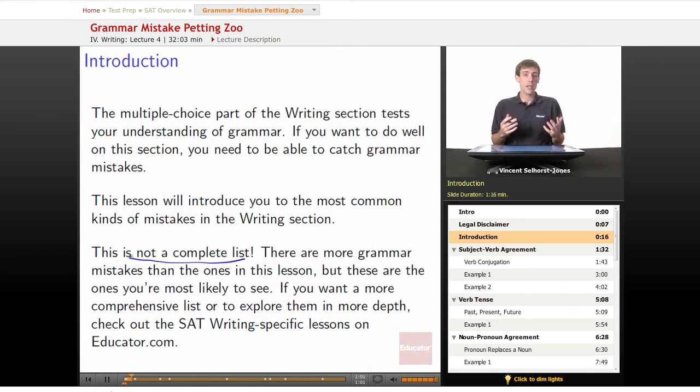If you want a more comprehensive list or to explore any of these things in depth and get a deeper understanding so you can catch the mistakes more easily, if you have difficulty with grammar and want to brush up on any of those skills, these would be all good reasons to check out the SAT writing specific lessons on Educator.com. We've got more information if you want to dive in and learn more or really improve at these skills. But this is a good first place to start and get a sense of what you know and what you're uncomfortable with and how much ability you have in catching grammar mistakes.